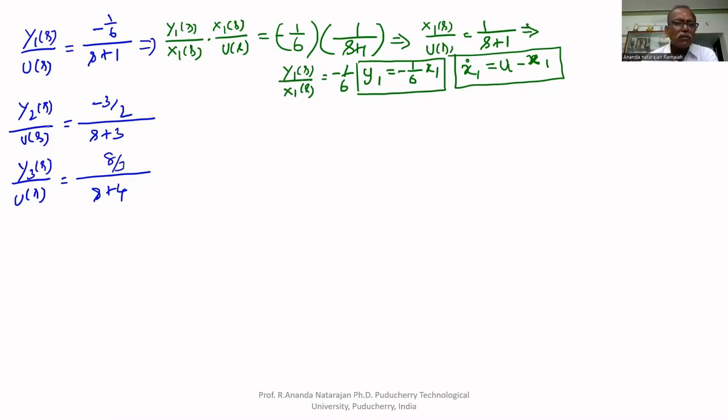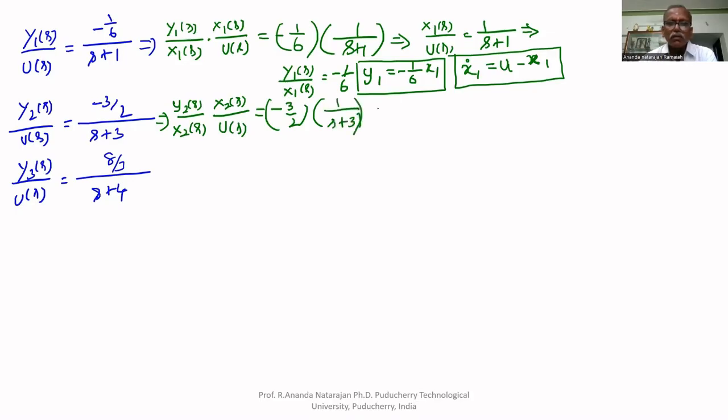Similarly, for the second one, y2 of s by x2 of s times x2 of s upon u of s is equal to minus 3 by 2 multiplied by 1 by s plus 3.